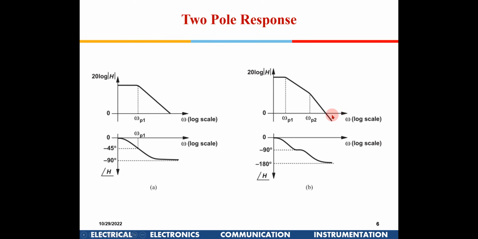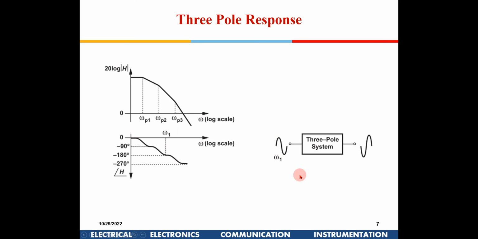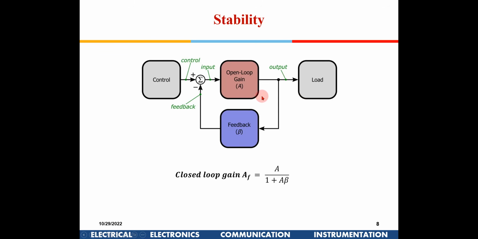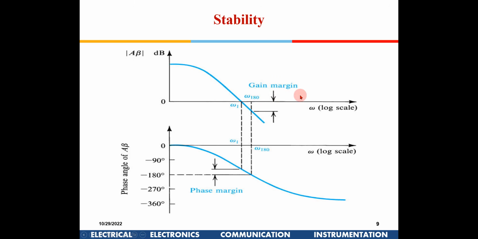So this needs to be tested. Wherever there are 3 poles like this, if you don't take care, the system is likely to get into oscillation. That is why we talked about 1 pole, 2 pole, and 3 pole response.